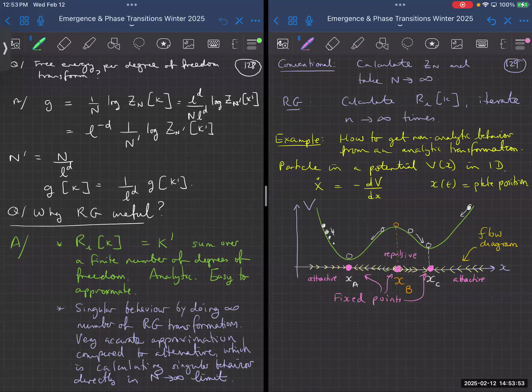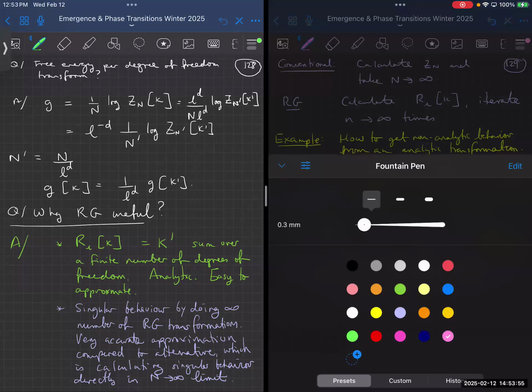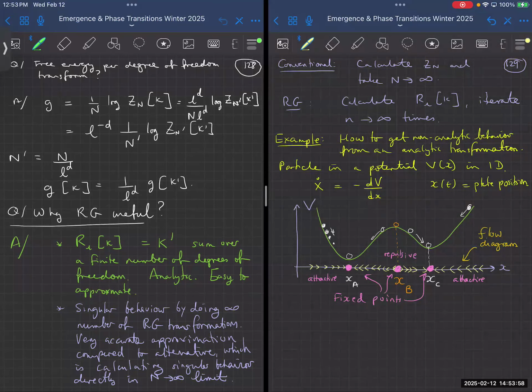Okay, so that's great. So now let's ask ourselves the following question. If I have this fixed point, I want to know then what is the map of the particle position as I go to different times. So I'm going to draw here, say, the initial behavior of the system.